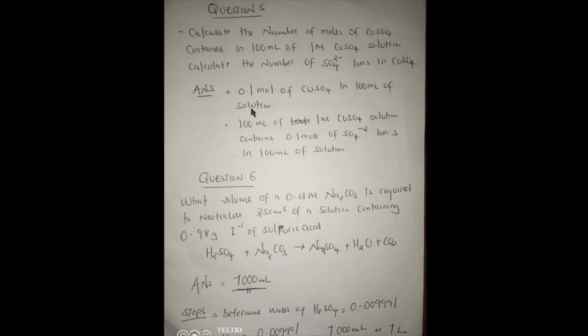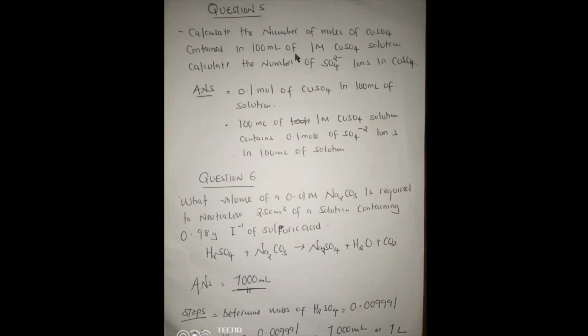Question 5 says calculate the number of moles of copper sulfate contained in 100 ml of 1 molar copper sulfate solution. Calculate the number of sulfate ions in copper sulfate. So now here you just use logic. 1 molar simply means in 1,000 mils there is 1 mole.